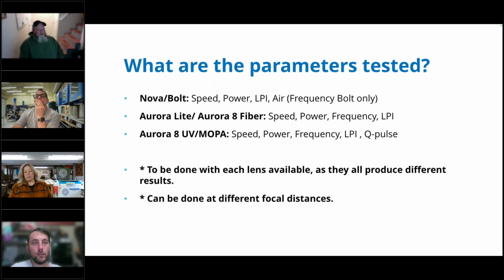Same thing. Go ahead, Chris. There's one more thing to consider on some of these tests, especially on the galvos, and that's focus. That was my next one, you're also testing on different focal lengths or distances. If you run a ramp test and find, let's say, 5 is your optimal focus, that's fantastic. Well, let's run a test and see what 6 millimeters looks like or 7 millimeters looks like.